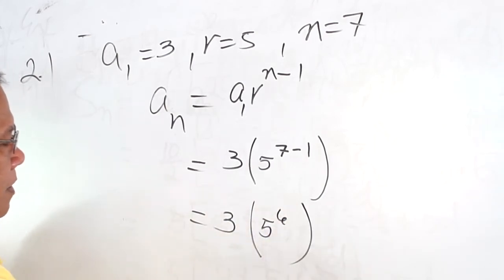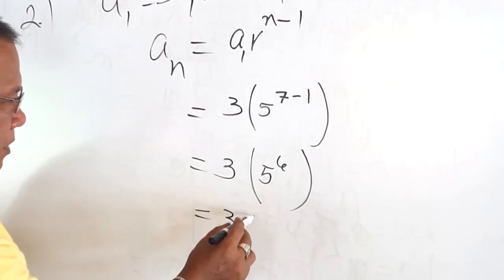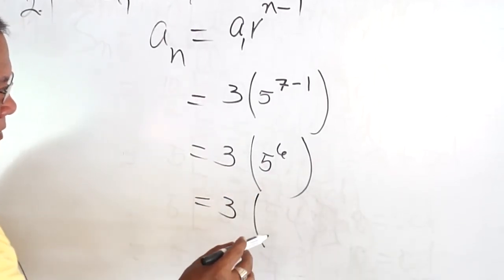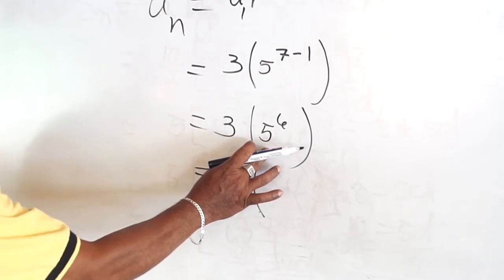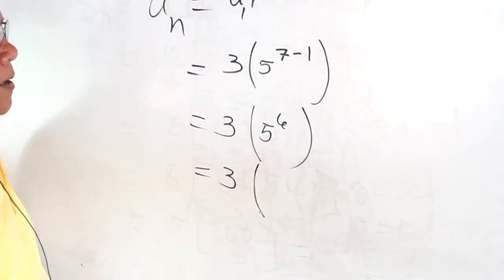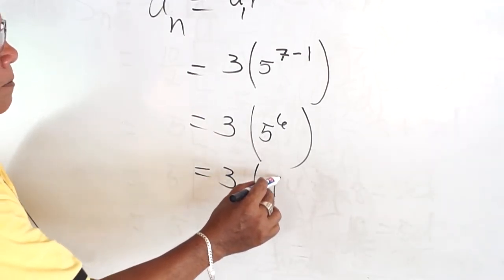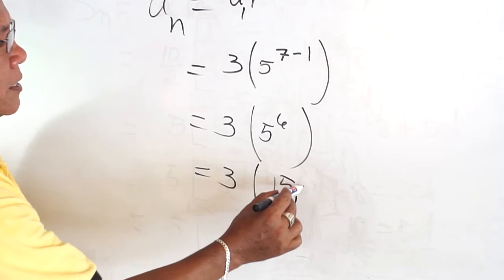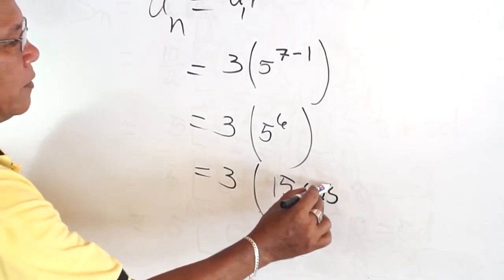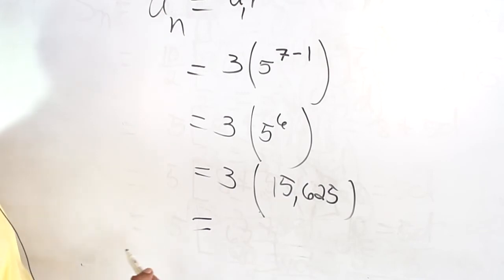So we have here 5 raised to the power of 6. Then simplify. Okay, we have open parenthesis. So multiply by itself, okay, 5, 6 times. So the product is equal to 15,625. Then after that, multiply.